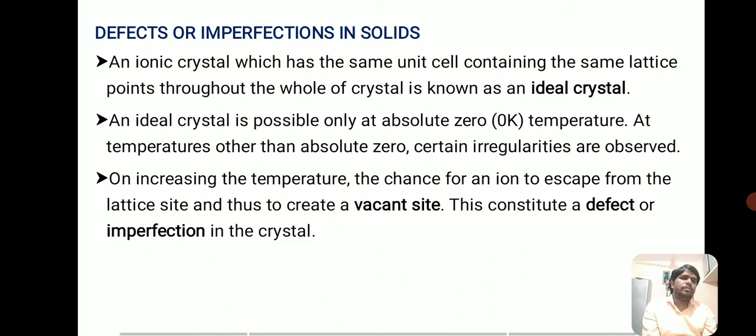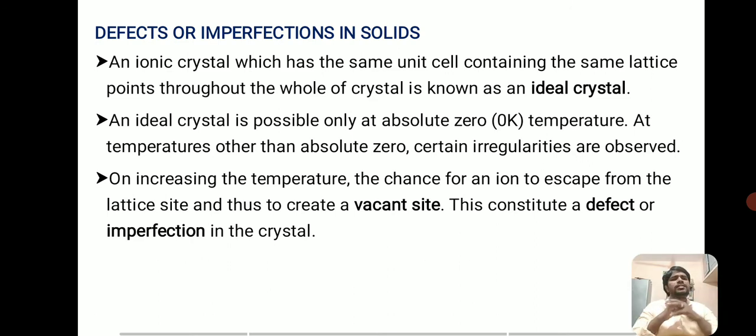Defects or imperfections in solids. See, an ideal crystal is one which has the same unit cell containing the same lattice points throughout the whole of the crystal. This is what an ideal crystal is. This ideal crystal is possible only at zero temperature.